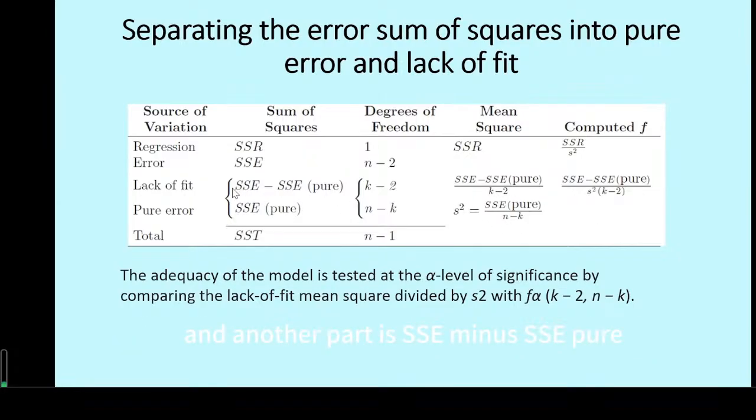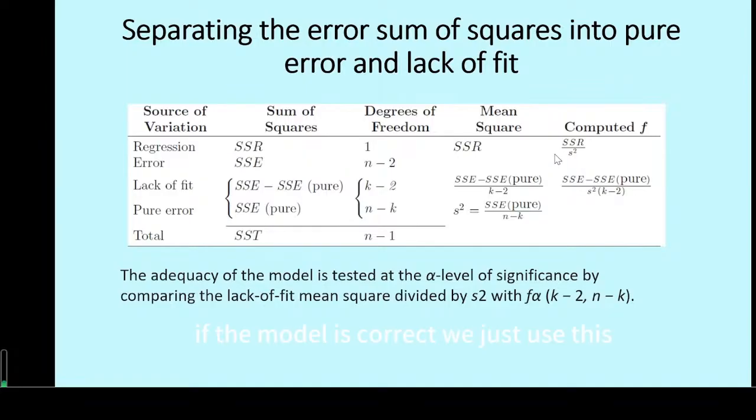Another part is SSE minus SSE pure, which is the lack of fit term. These are their corresponding degrees of freedom, and this is each term divided by its degrees of freedom. In a correct model, we can use these two for the F value.